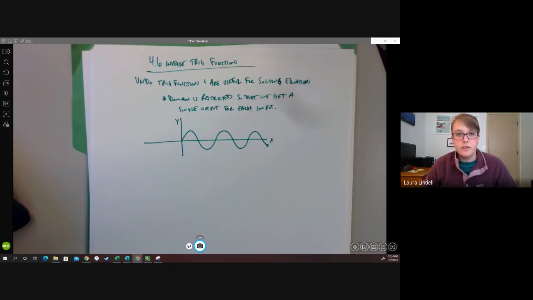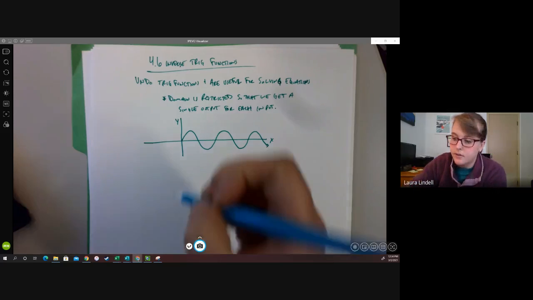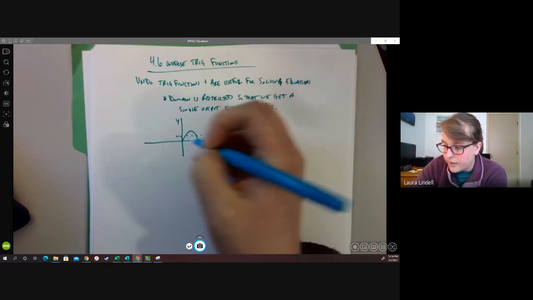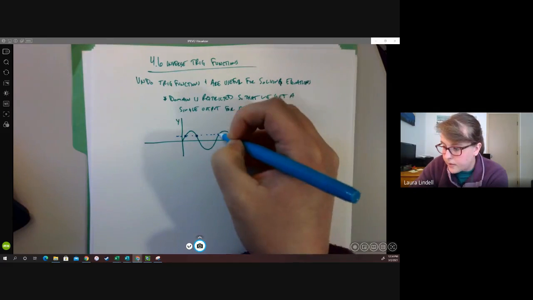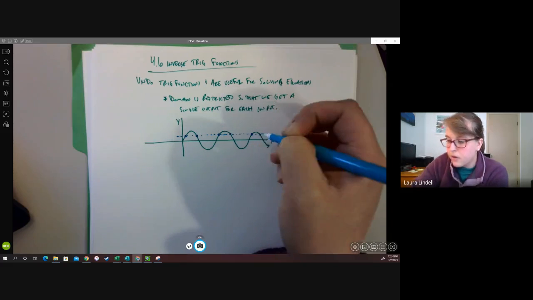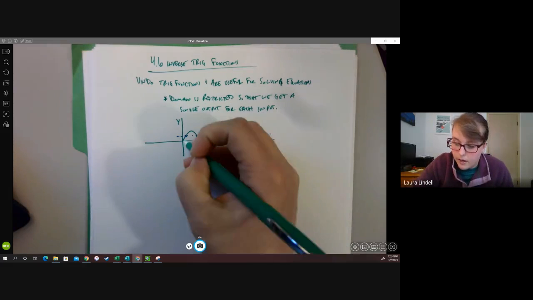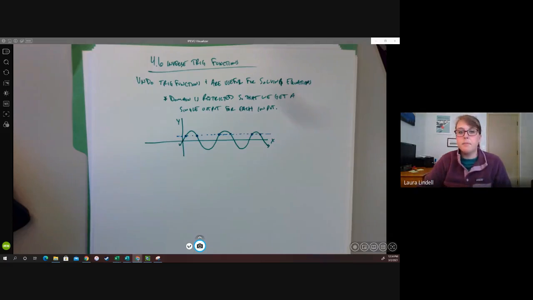But if you want to check if the inverse is a function, it has to pass the horizontal line test. And as you can see, sine does not, because if you were to draw a horizontal line across the sine function, it's going to intersect the function infinitely many times. So that is a problem. So we fix it by restricting the domain so that we get a single output for each input.